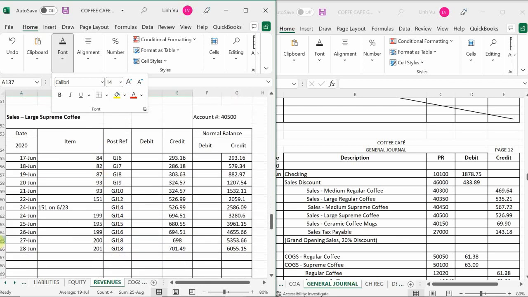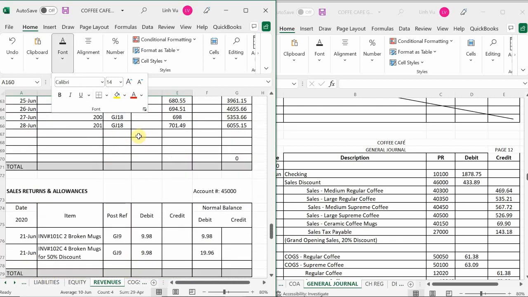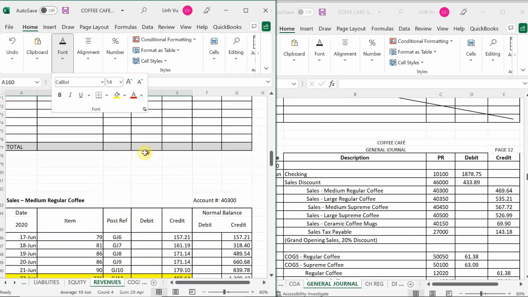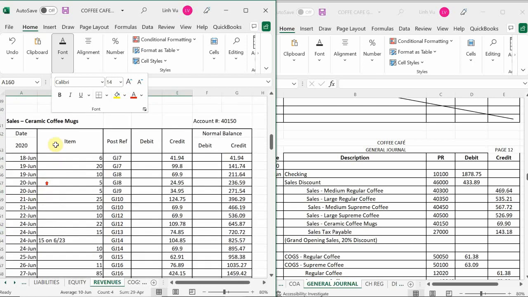$526. Yep, 526. Then ceramic coffee mugs was for $69.90.